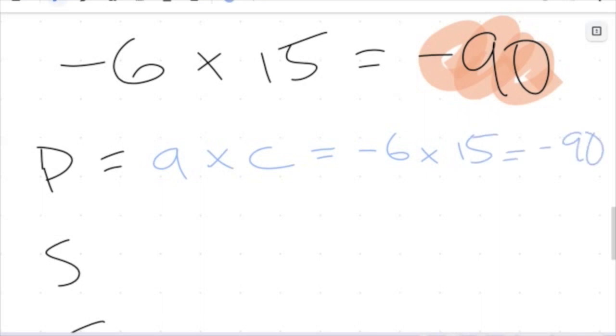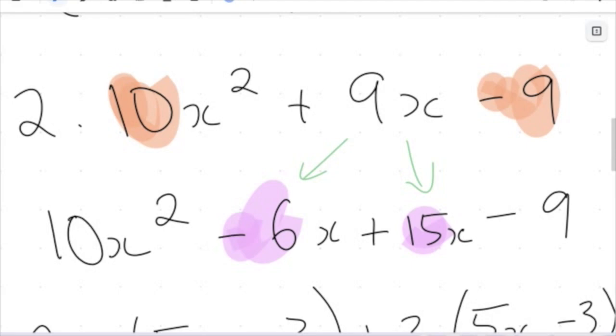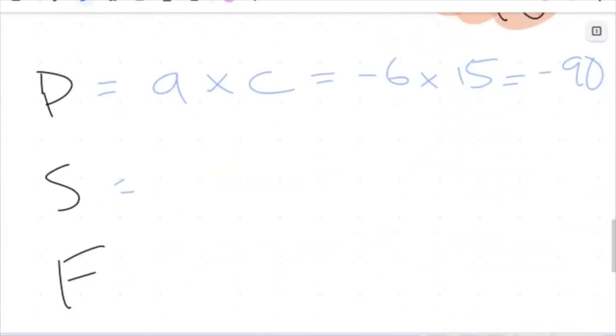My sum is still the middle term, b, this 9x. My sum's still b, which is going to be 9.